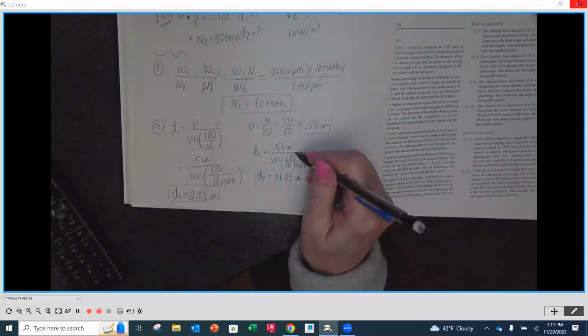Oh, it's dimensionless. So you would go 180 divided by 90 and then just hit the sine function. It's the decimal equivalent of 180 divided by 90, and then you hit sine. So it's 0.0349.